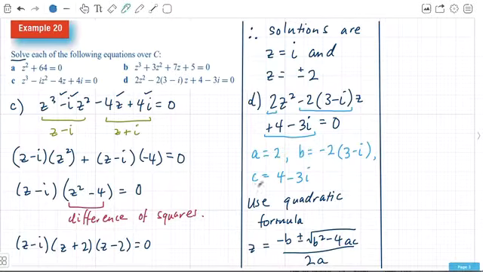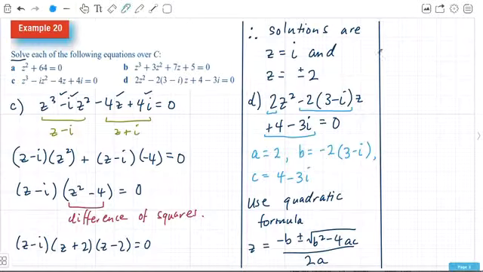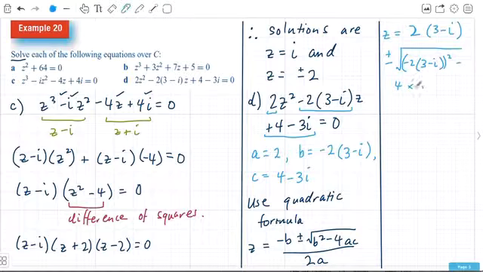Okay, and then we're just substituting everything that you have there, and I'll do this in a lighter blue. It's a bit more interesting. Z equals negative b. Now negative b is positive 2 times 3 minus i. Plus or minus, and we've got b squared, so all of this squared, minus 2 times 3 minus i, all of that squared, minus 4 times a, which is 2, times c, which is 4 minus 3i.